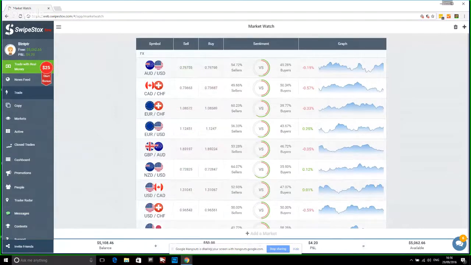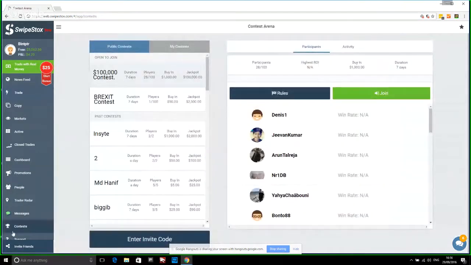Someone asks in the chat, I already have a SwipeStox account before I got the Tradimo invite for SwipeStox. Can I just enter the 100K Tradimo contest? Yes, I think you should be able to enter the contest because it's going to be a public contest, which will be available here under the contest section.